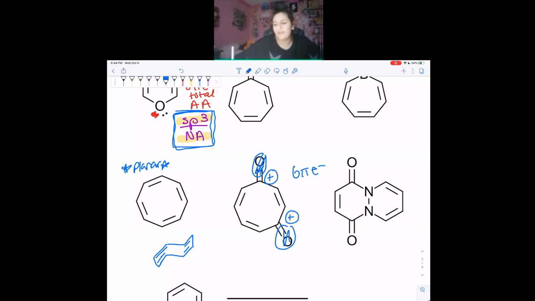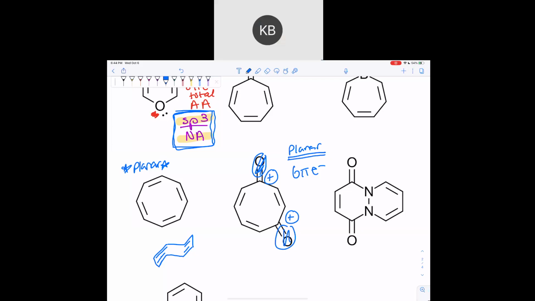So if it stays planar, would it be aromatic or anti-aromatic? It would be aromatic. Cool. And then we know that if it's non-planar, it has to be what? Non-aromatic. Perfect.